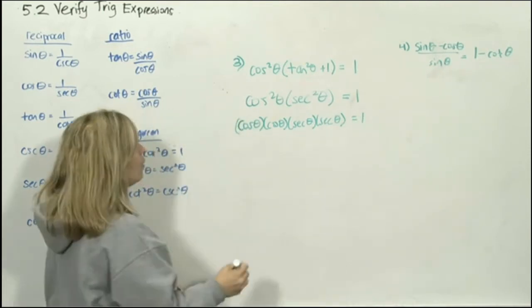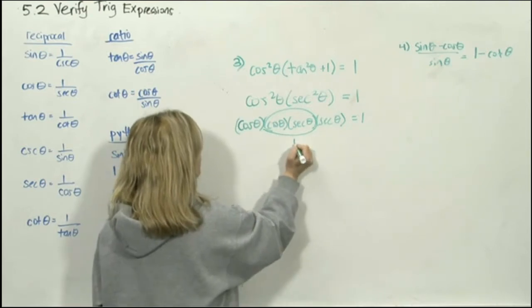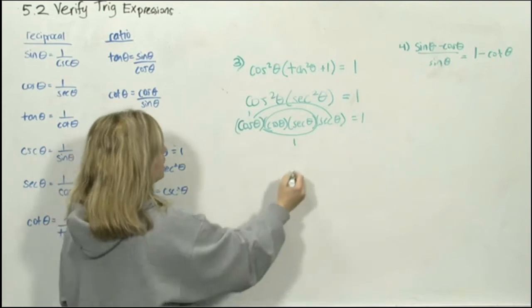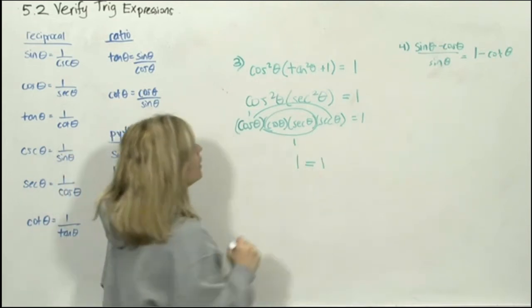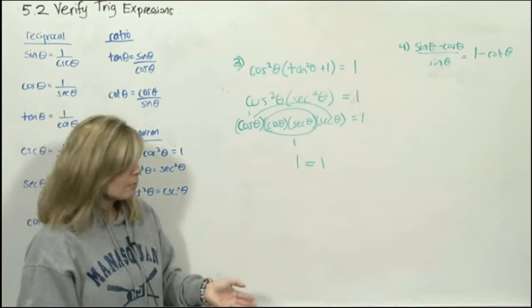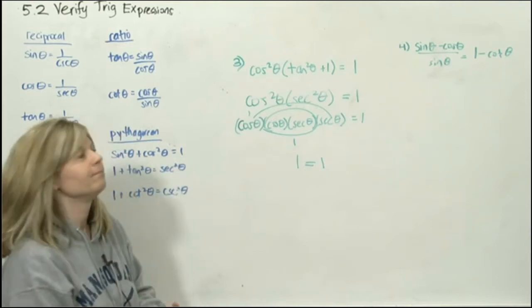Correct? And we know if we multiply these reciprocals, our value is 1. So we'll get 1 equals 1. We verified. Everybody's okay with that? Yeah, that's one approach. Let's try it another way.